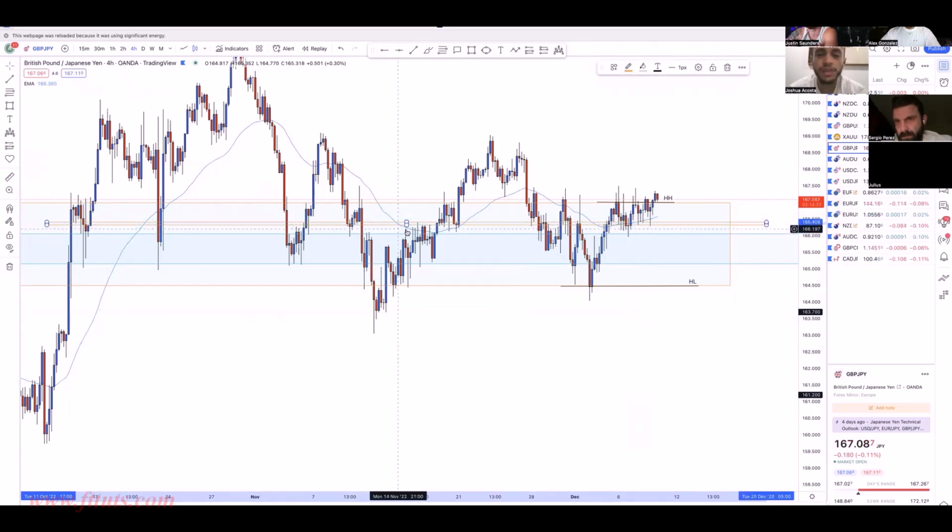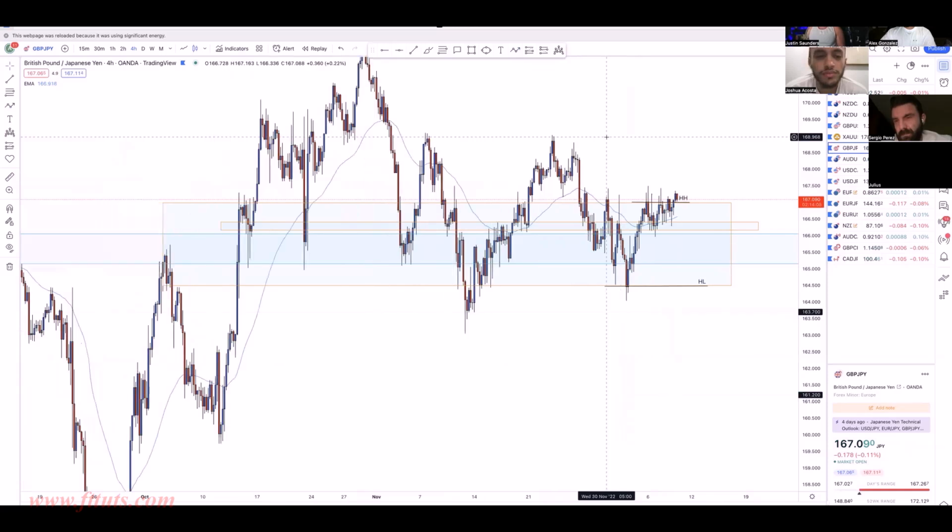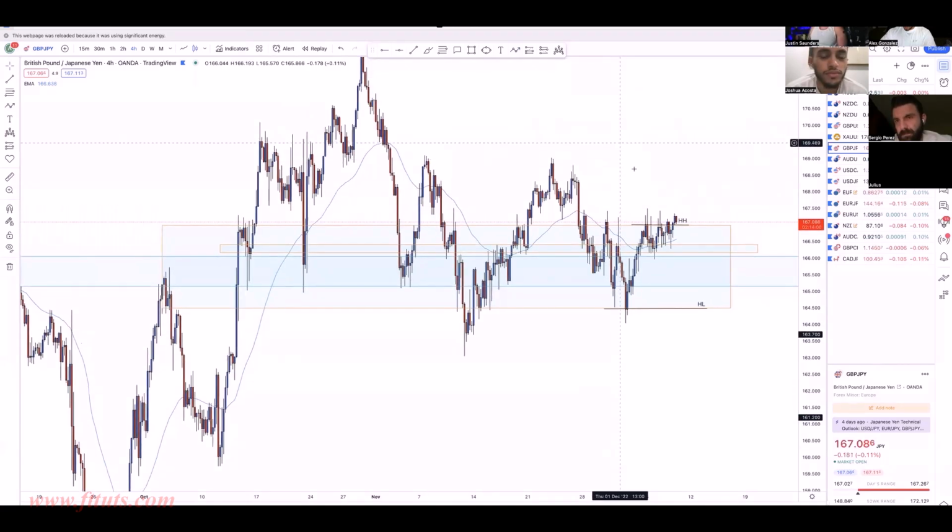We extend a little bit. We have 1, 2, 3, 4, 5, 6, 7 taps. You pull back to your area of interest, rejection from EMA, set and forget. Pretty simple, but the overall is just market structure.